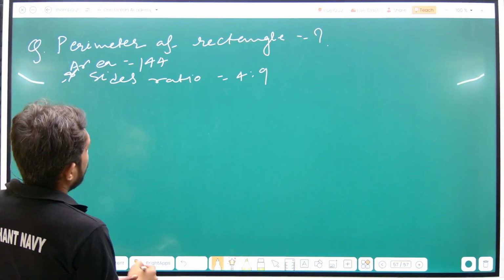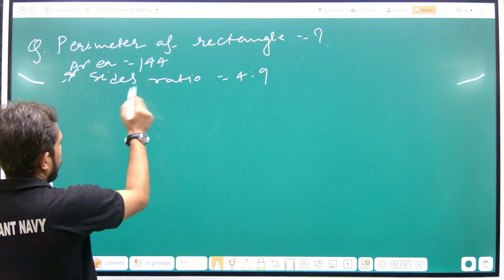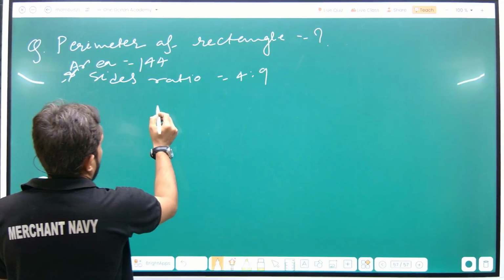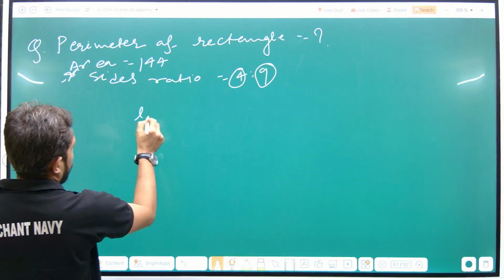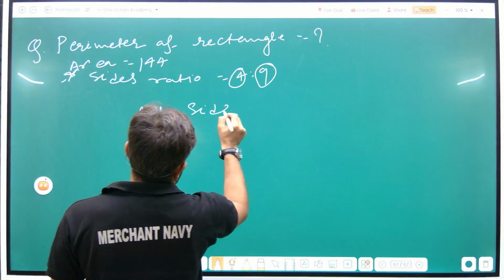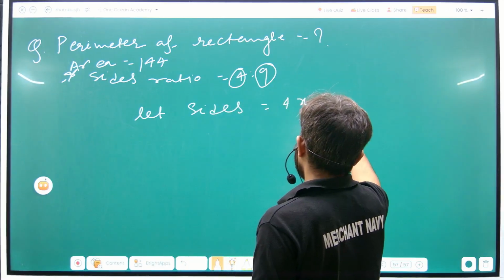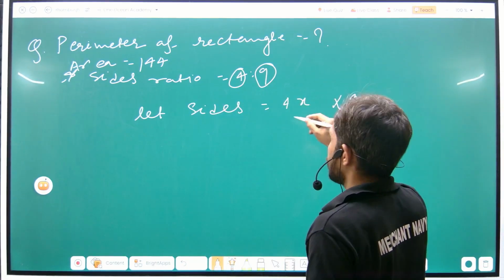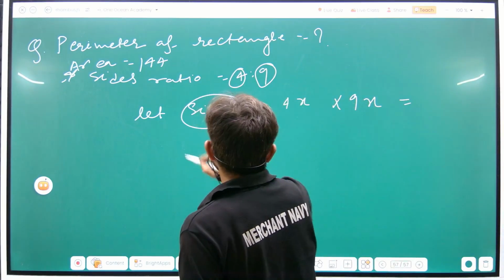So the area is equal to 144. Let the sides be 4x and 9x. So 4x into 9x becomes the area.